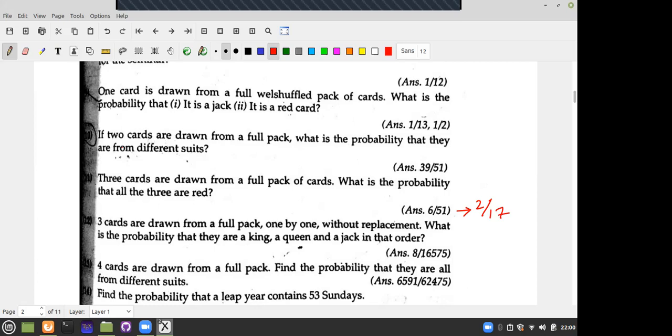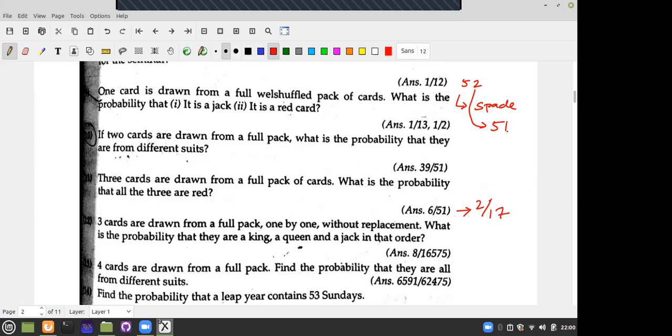Now, how many cards are there from which I can choose? No, see, there are 52 cards, right? I have taken a card from spade. Now how many total cards remain? 51.